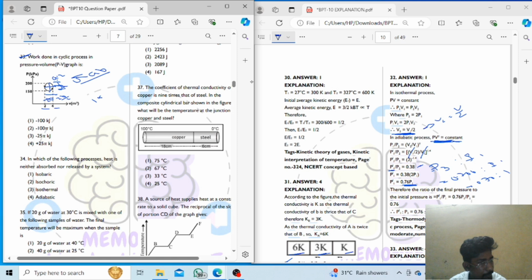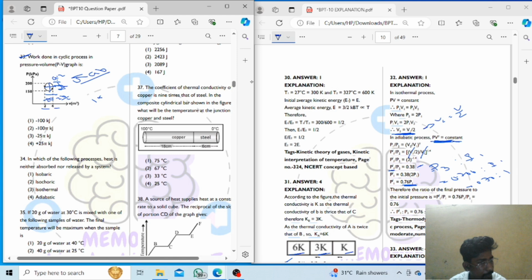In the following process, heat is neither absorbed nor released by the system. So if you know this, adiabatic process, no heat is absorbed or released.